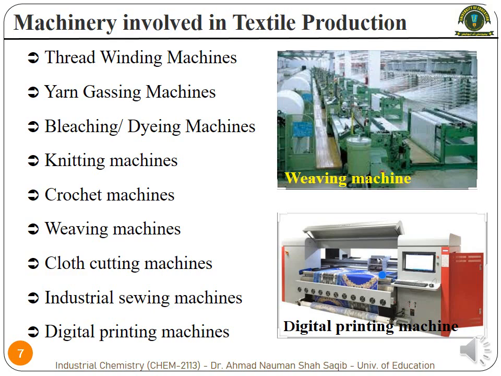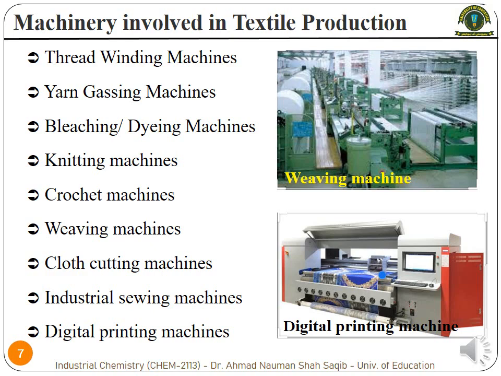So depending on what kind of fabric we are making, or what kind of textile products we are making, and what are the desired properties we want to have in that fabric, different kind of machines are used for that purpose. So there is a large variety of machines which are involved in the production of fabric and in textile products.